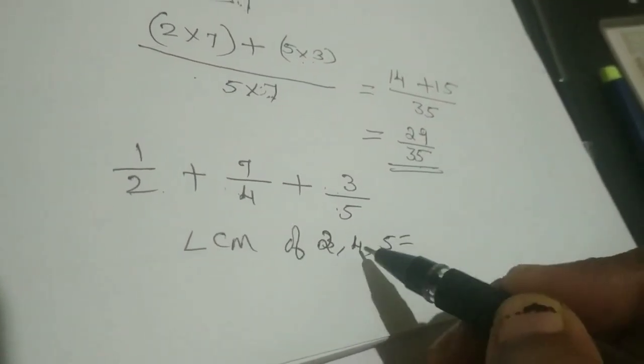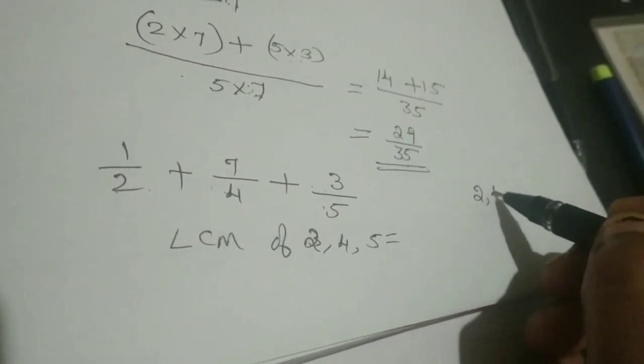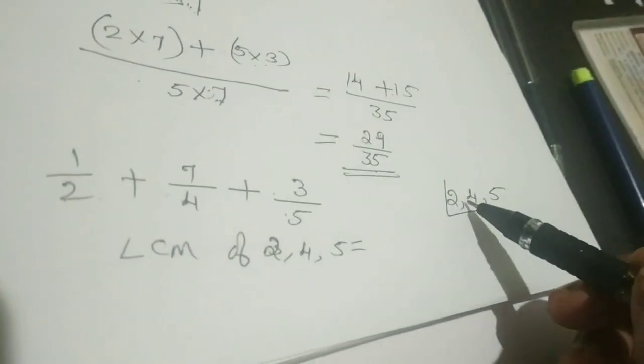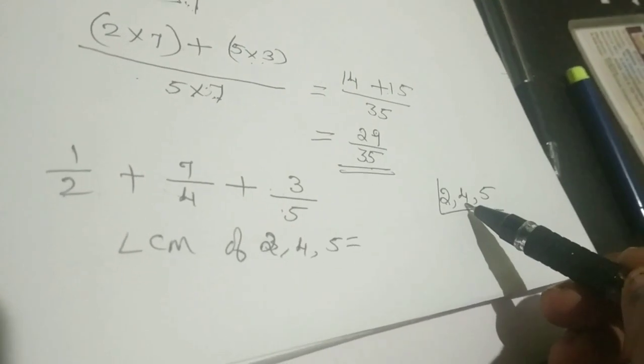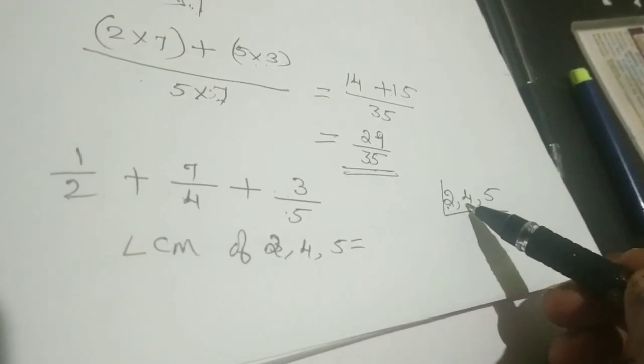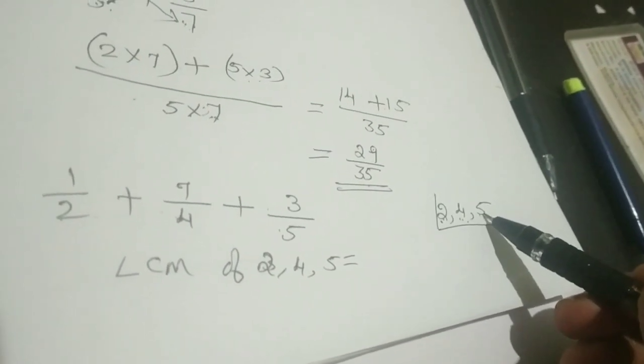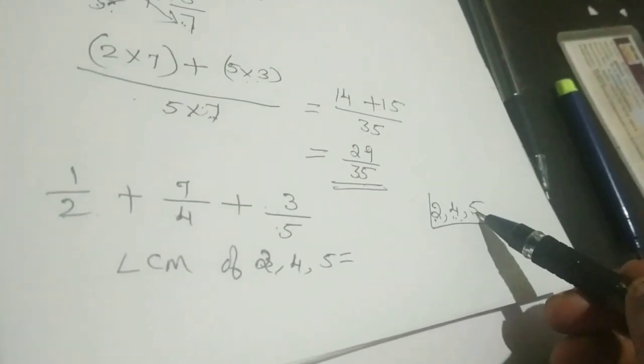The common factor of 2 and 4 is 2, but for 5 there are only 1 and 5 as factors, so we can't divide it. Please keep it there.